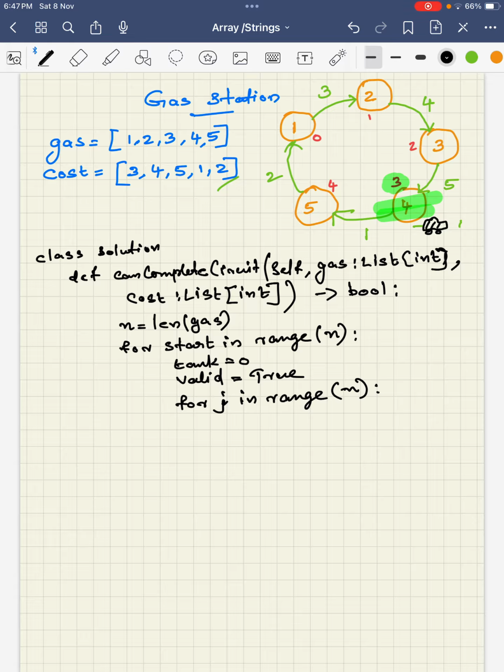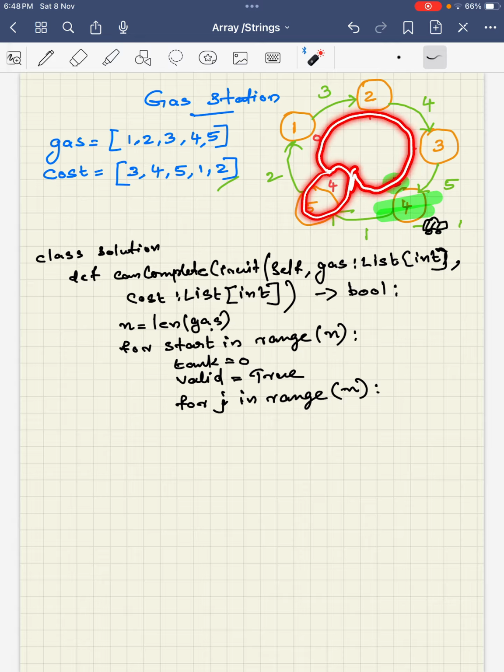If the starting point in this array is somewhere like the 4th index, the circular motion will complete once it reaches here, but we need to calculate the cost here, here, and here, while the length is n.